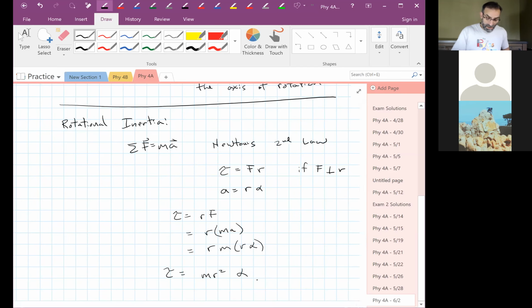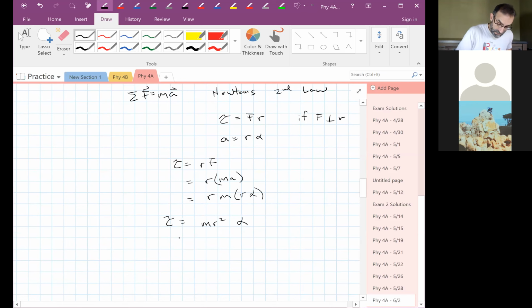And if we add it all up, the net torque is the sum of the right side, but alpha is the same for every point on an object, right? If something's rotating, every point on that object rotates with the same angular speed and the same angular acceleration. So I can pull it out of the sum.